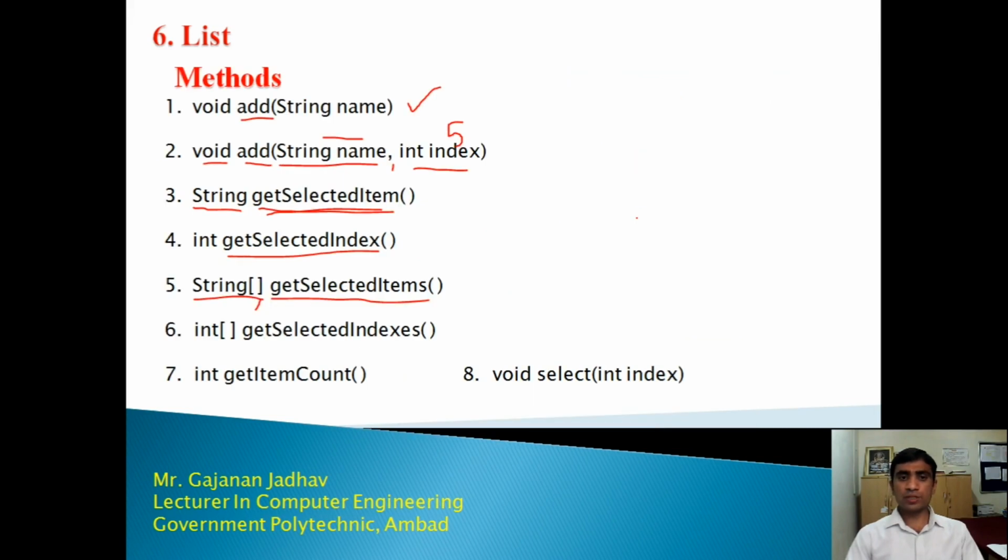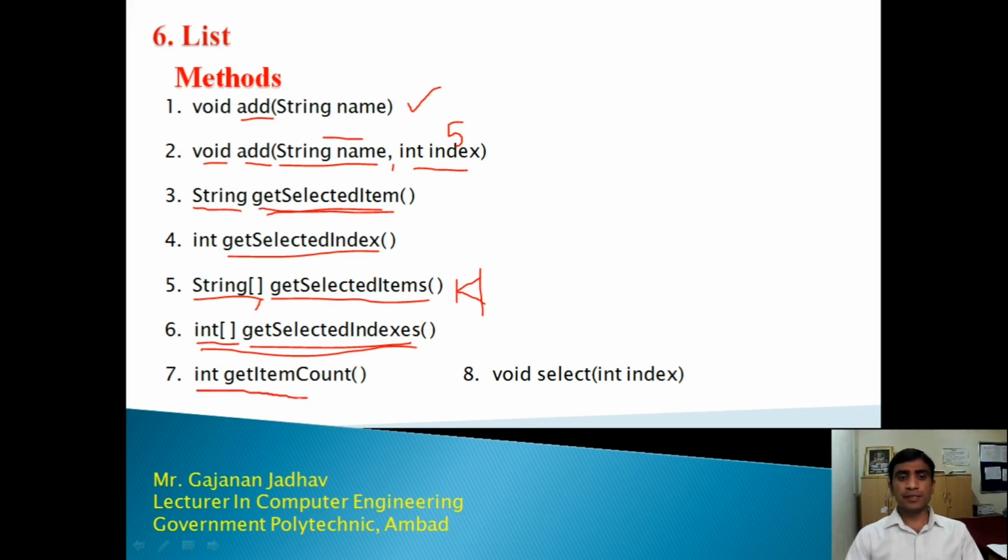Whenever the user selects multiple options and you want to retrieve what the user has selected, you can use this method. In the same way, if you want to retrieve the index positions of multiple selected items, then you can use getSelectedIndexes, and the return type is an array of integers.